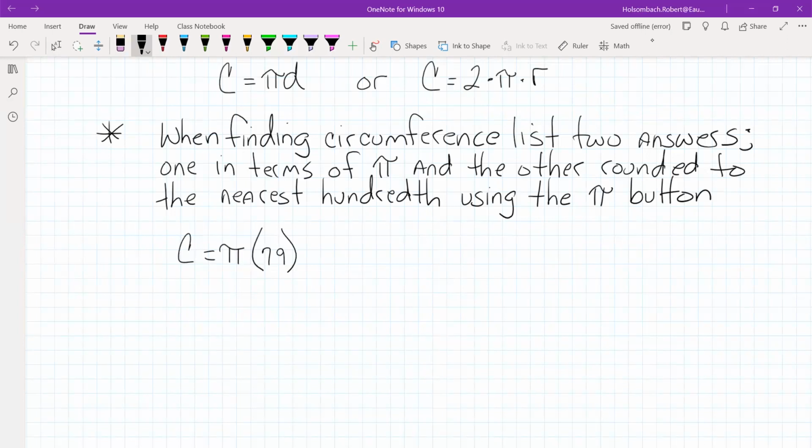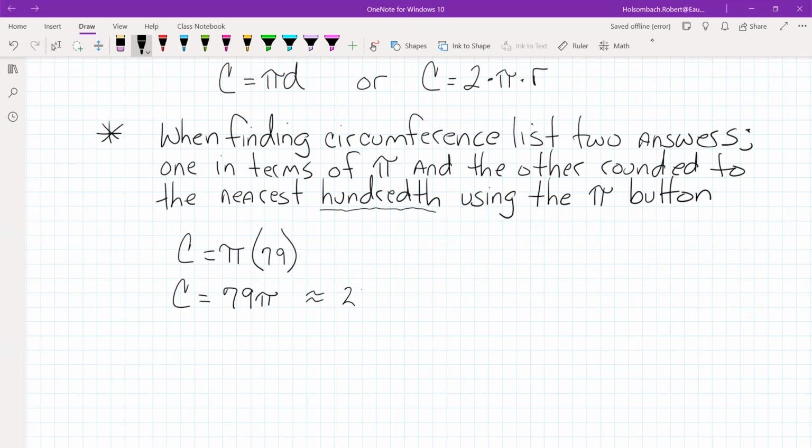So look, we list our circumference two ways. Circumference equals 79 pi. That's in terms of pi. Your answer is in terms of pi when the pi symbol is in your answer. And then in the calculator, now we're rounding everything to the nearest hundredth, okay? So in your calculator, now we go to second fix 2. That gives us 2 decimal places. You take 79 times, and you push the pi button and hit equals.